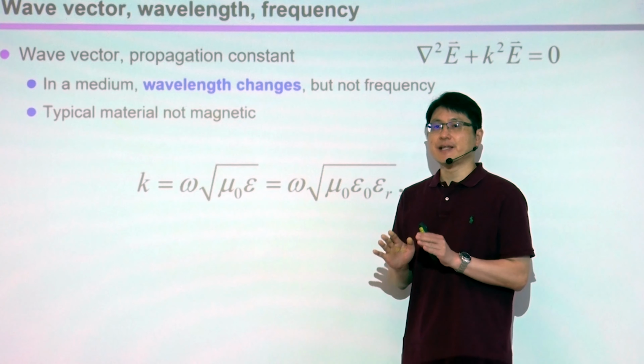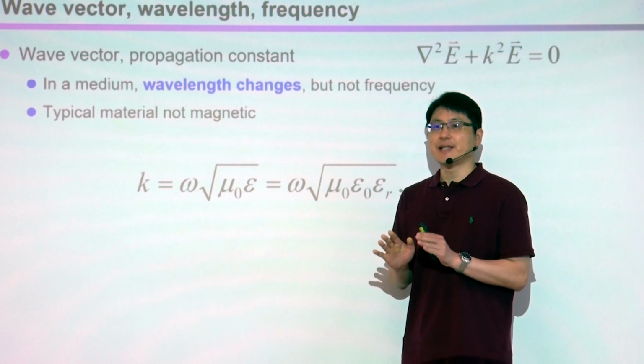Okay. So what does that mean? K is 2 pi over lambda. This means the effective lambda in certain material is the wavelength of the same wave propagating in vacuum divided by n. Okay. So we can go over it again, right?